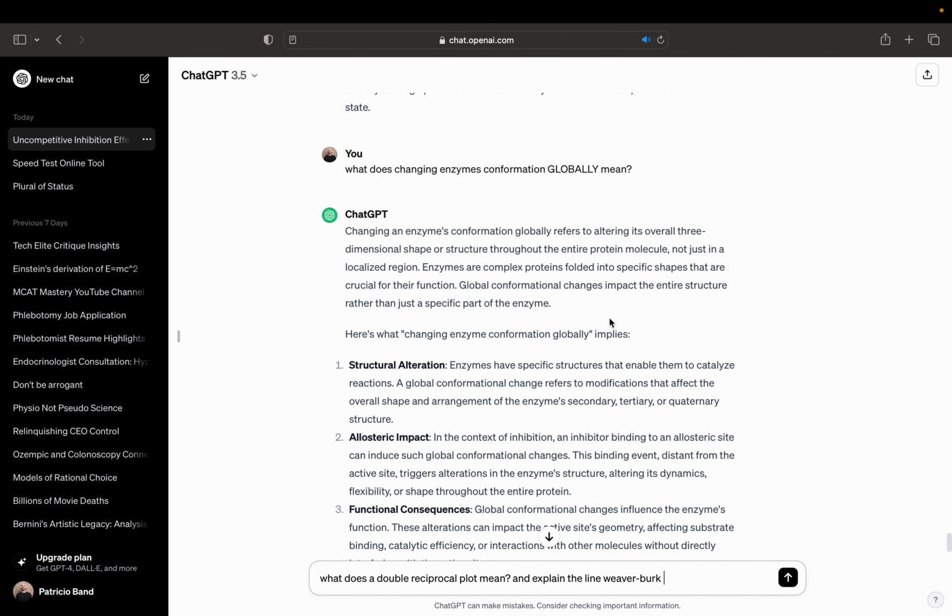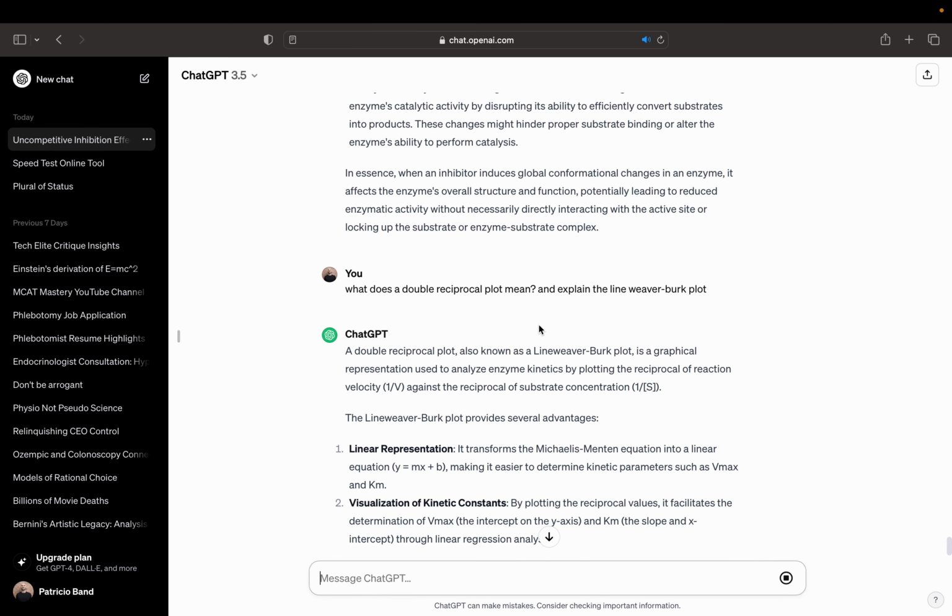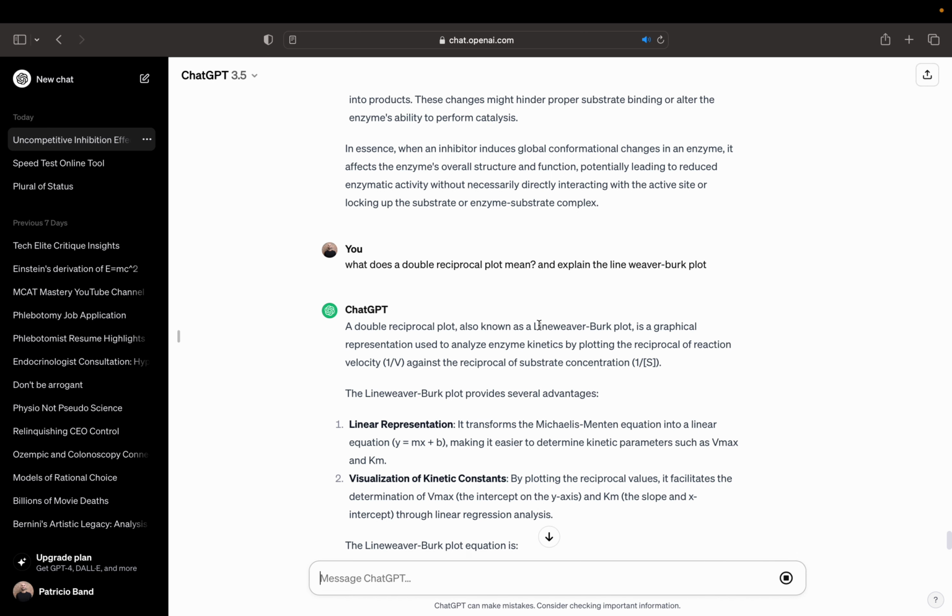Lineweaver-Burke plot. A double reciprocal plot, also known as Lineweaver-Burke plot. Oh, so the whole thing is Lineweaver-Burke plot.